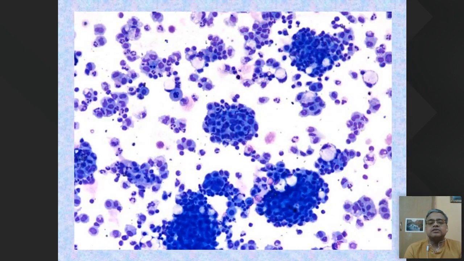This is a pseudo clustering, or a mixed cell cluster, which is benign in nature. So this is a very common appearance. Neutrophils, lymphocytes, histiocytes, and almost none of these clusters actually have that many mesothelial cells. If you do markers, maybe 1 or 2 like this will come positive for mesothelial cell. Almost all of these will be histiocytes only.